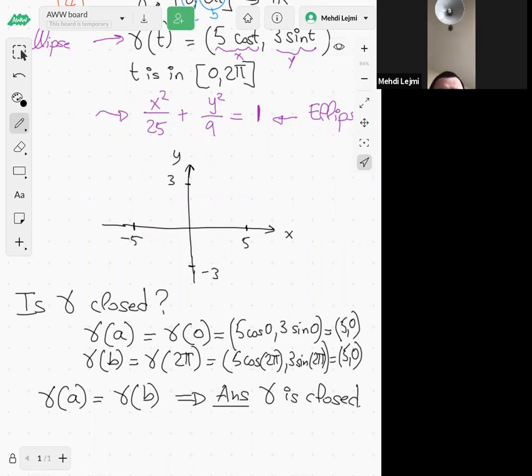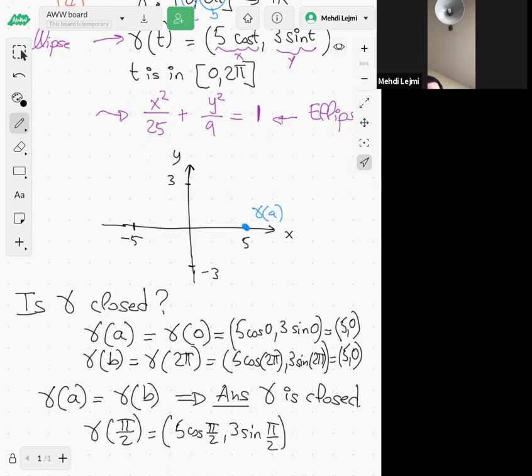Now, what about the orientation of this curve gamma? It starts at (5, 0) here. This is gamma of a. If you do gamma of pi over 2, that will be 5 cosine pi over 2, 3 sine pi over 2.